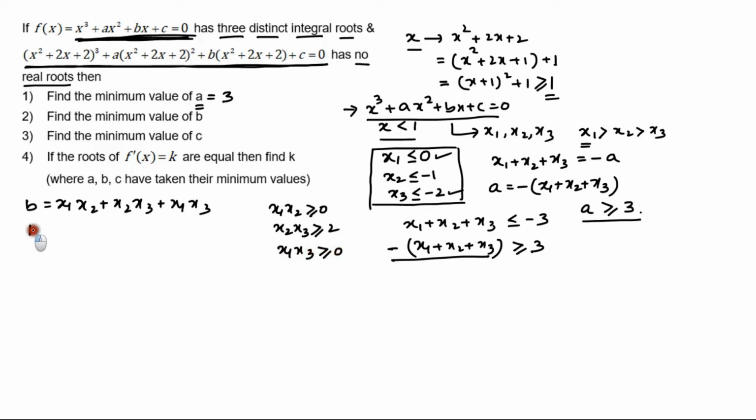So, b will be greater than or equal to 0 plus 2 plus 0, that gives us 2. Okay, so b is greater than or equal to 2. Therefore, the minimum value of b is nothing but 2.